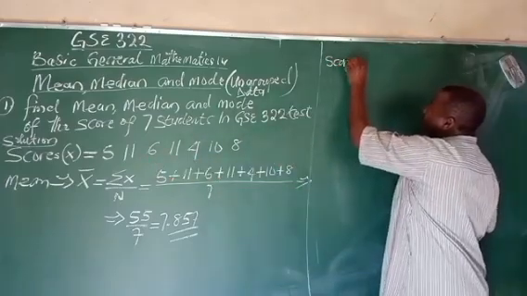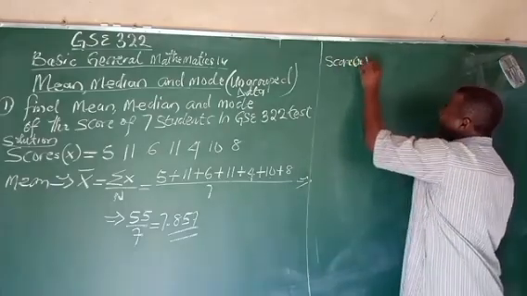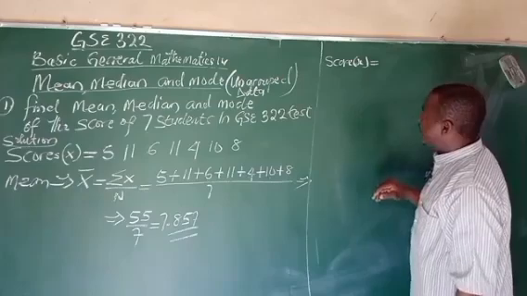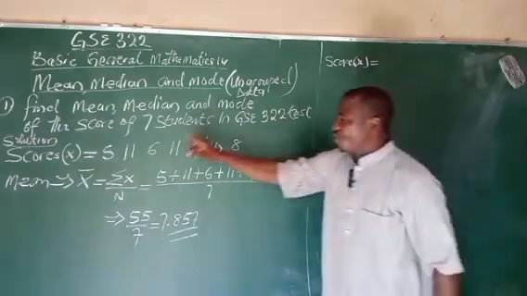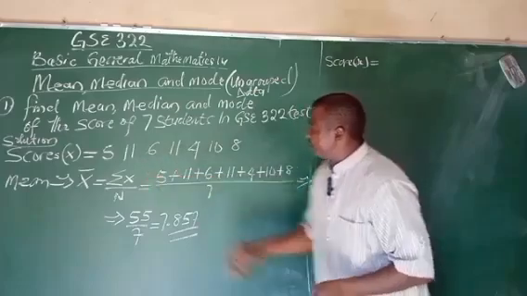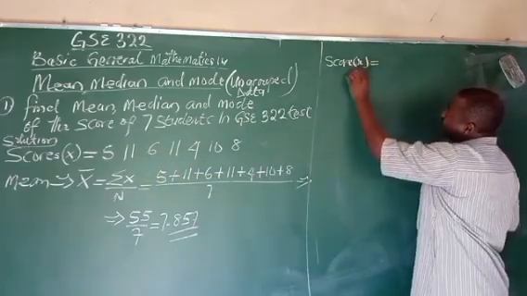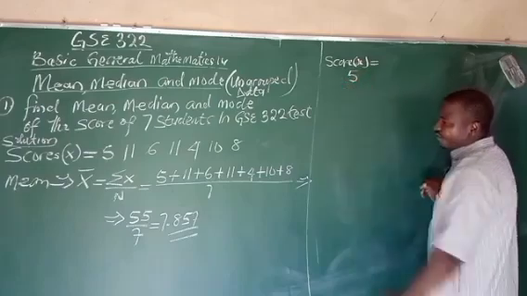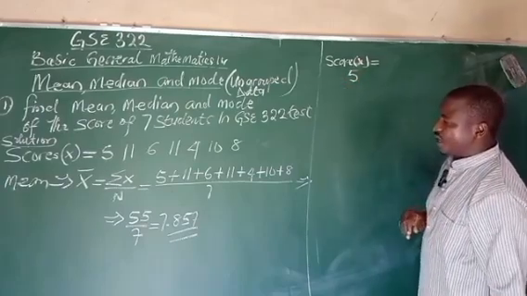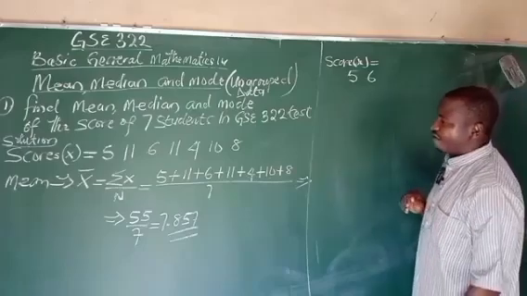But in this case, we have the scores, which we say is X. Now what do we do? We arrange. Which one is the lowest? The lowest number is 5, then followed by 6.